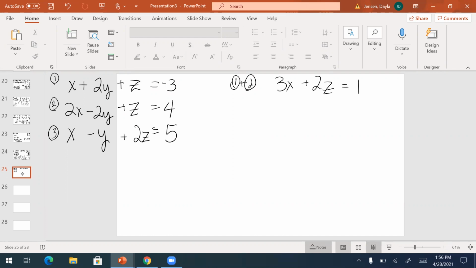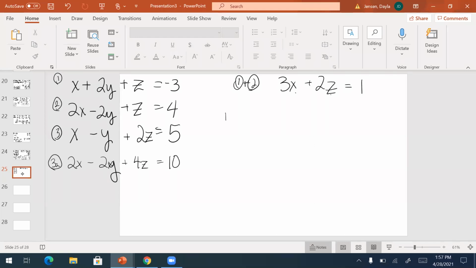The y's drop out. So here's the tricky part. I need to get another equation with x and z. So if I multiply number 3 by 2, then I'm going to get 2x minus 2y plus 4z equals 10. We'll just call this 3a.